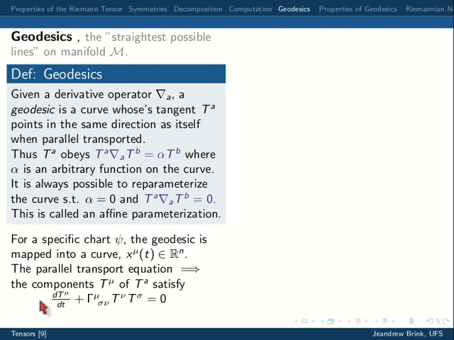So this is what our parallel transport equation is in the case where our parameters are affine, where we summed over it. And remember, your t^mu is simply the derivative of your coordinates describing the curve. In other words, the derivative t^mu is simply d/dt of x^mu.